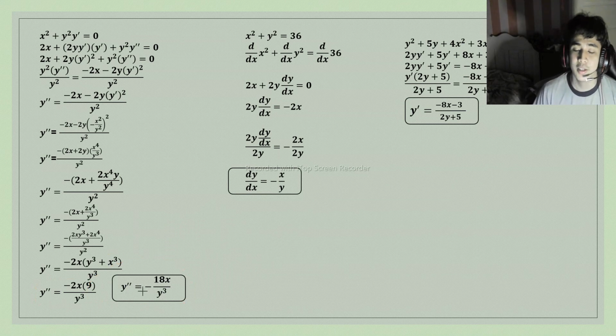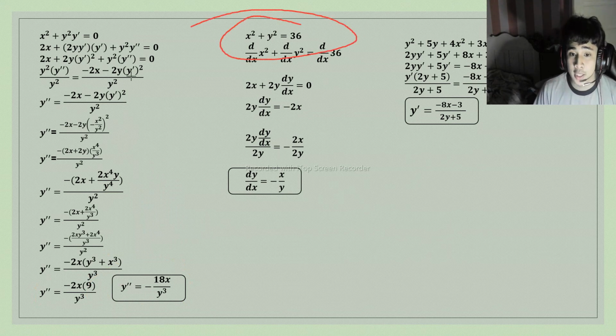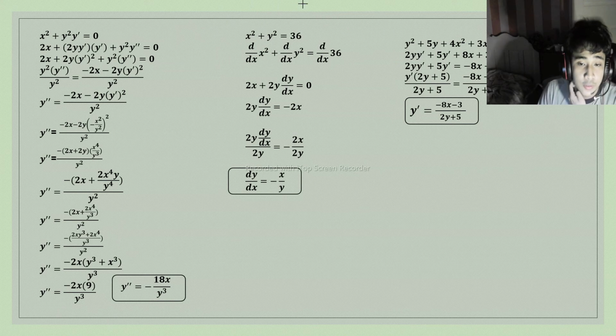Moving on, let's take another example, which is x squared plus y squared equals 36. So, let's find the first derivative. Meron din tayong method na ginaganto wherein d over dx naman yung gagamitin natin, instead of y prime.